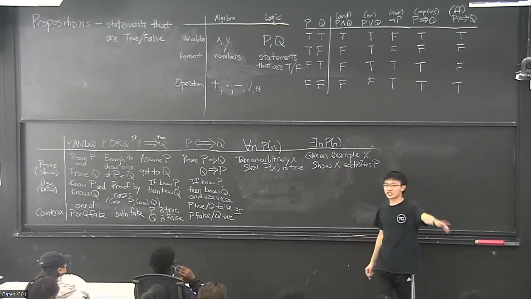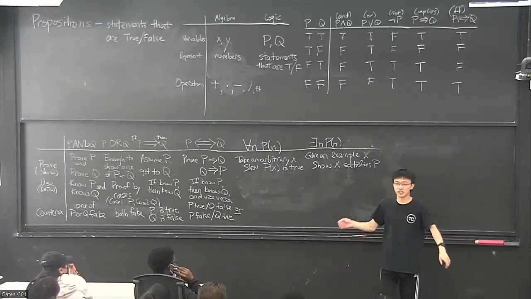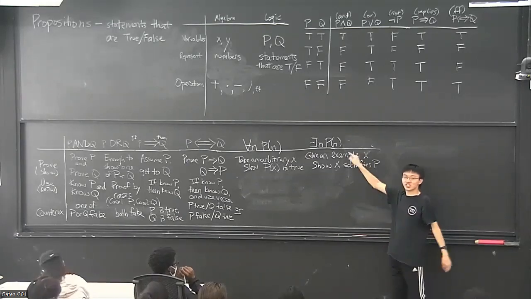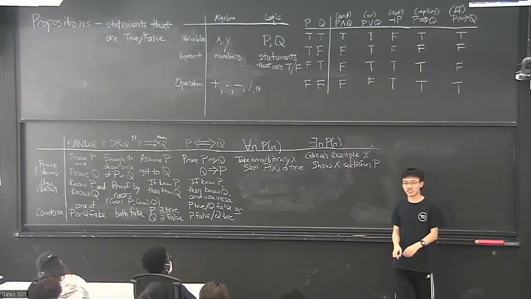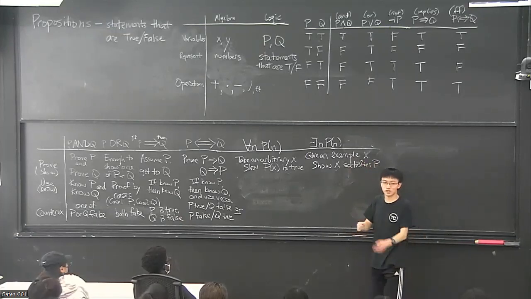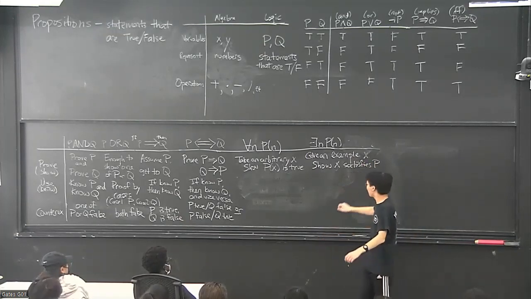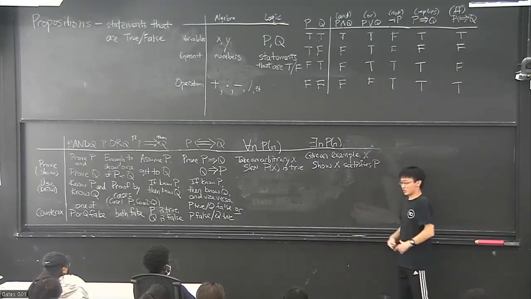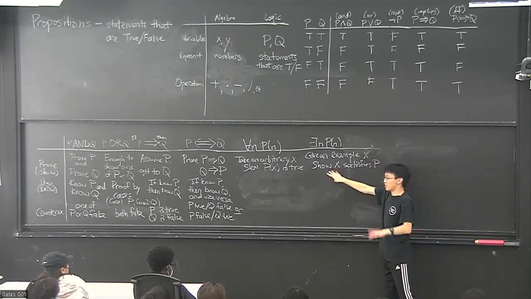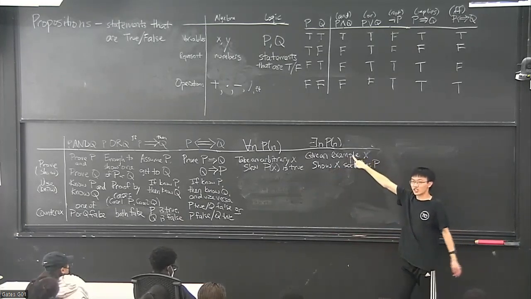Let's say there is a Cornell student whose student ID ends with a 6. In order to show that there exists a Cornell student whose student ID ends with a 6, all I need to do is give an example. Let's say I find some student whose student ID ends with a 6, and I ask them to show me their ID, and it ends in a 6. Therefore, there exists such a student.